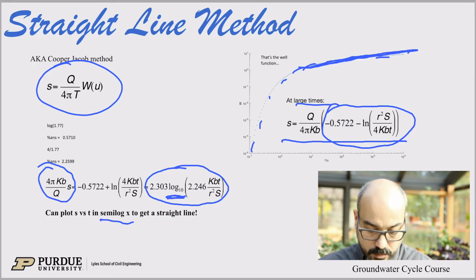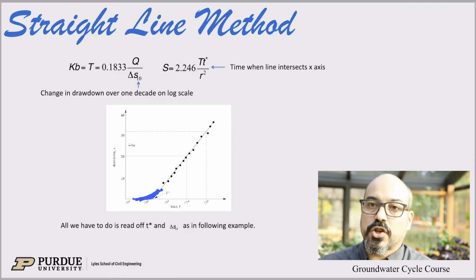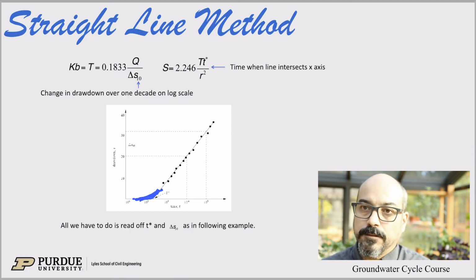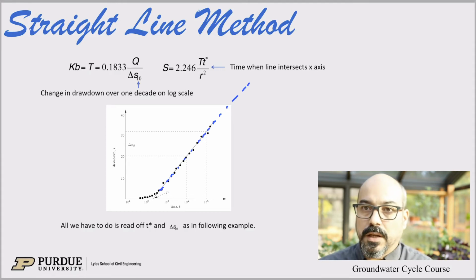Okay, let's see how that works. So here it is, right? If we semi-log x the data, you can see that indeed at late times, after some initial non-conforming time, after a certain time, we actually seem to be on a straight line in a semi-log x curve.